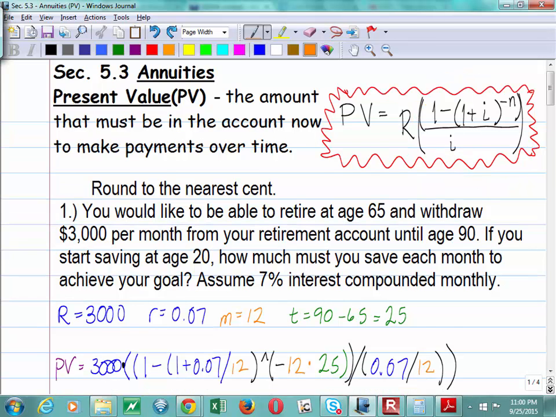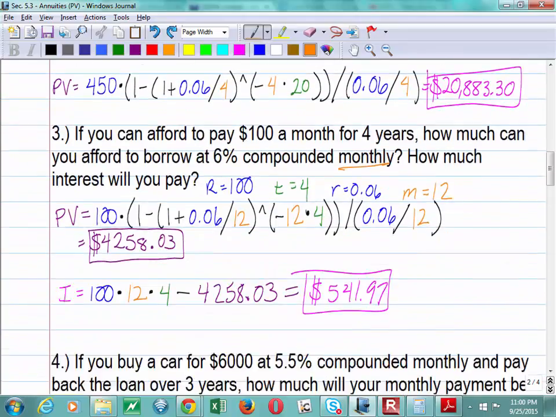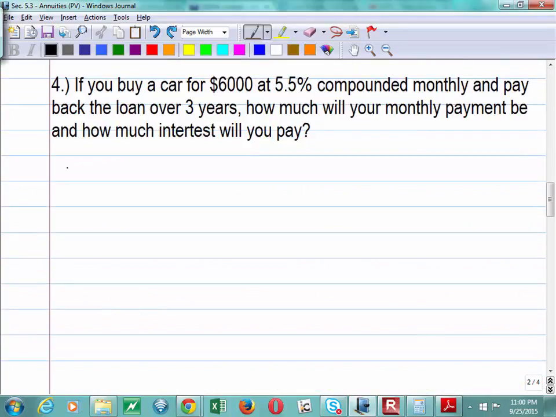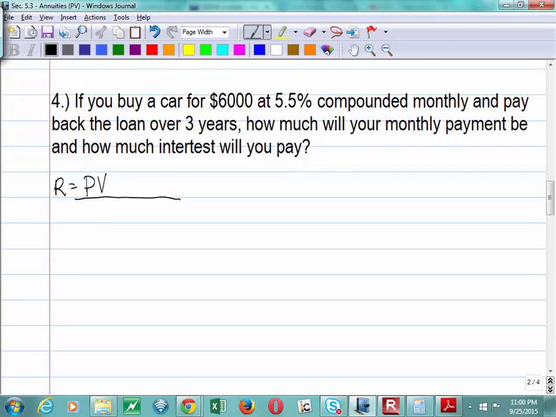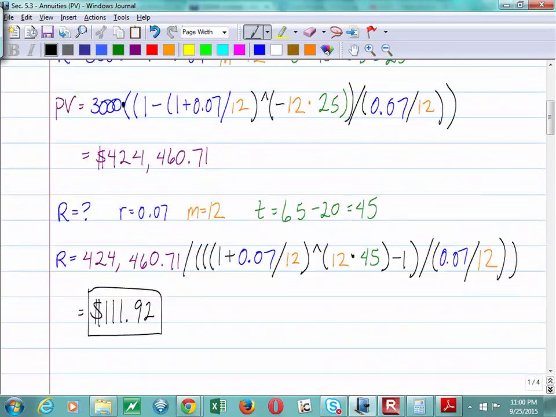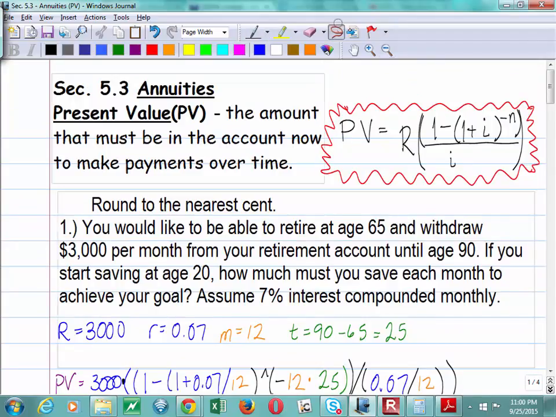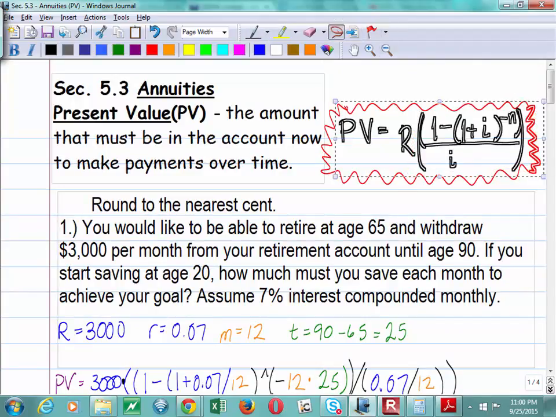Alright. So we're going to use R equals present value divided by all of this.